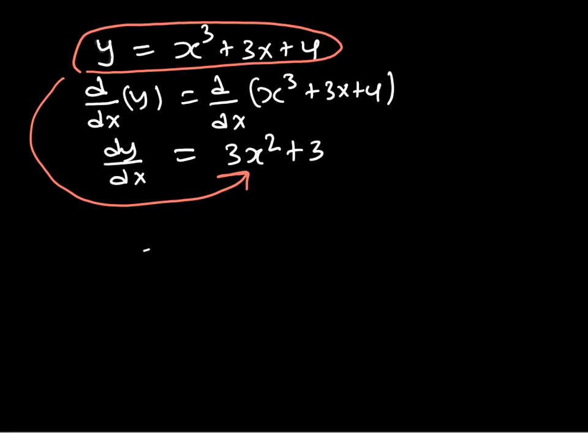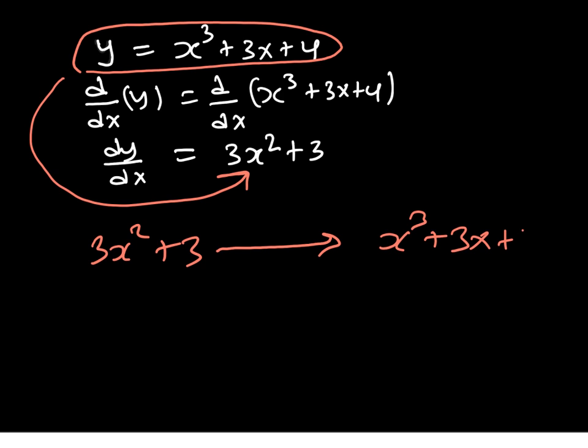Now in integration, they will simply give you this function, which is 3x squared plus 3, and they want you to work back and trace the function, which is x cubed plus 3x plus 4.